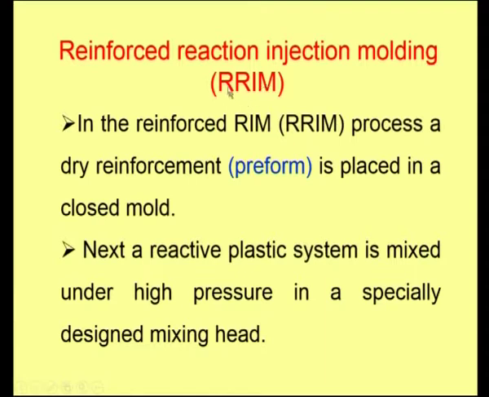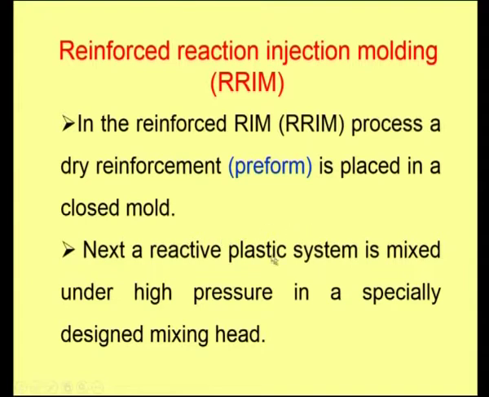Another variation of reaction injection molding is the reinforced reaction injection molding. In this process, dry reinforcement, which is nothing but a fiber, either in the form of a chopped strand mat or woven fiber, and likewise fibers are available in different forms, they are generally called preforms. That means they will have specific shapes and are placed in a closed mold.